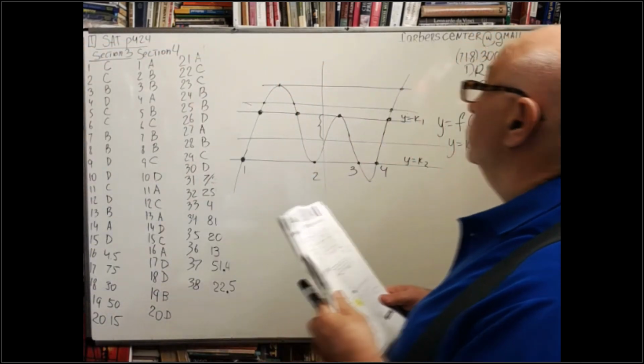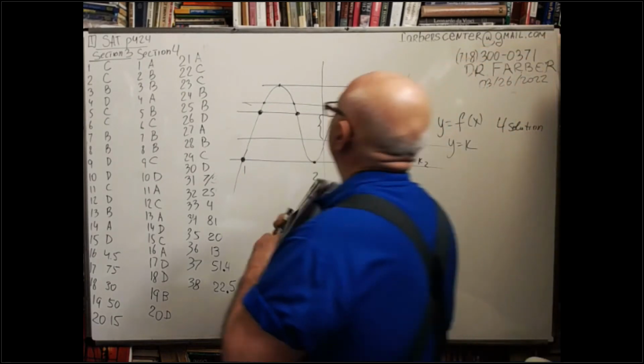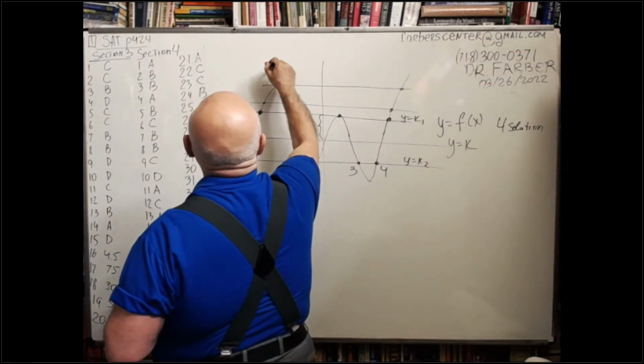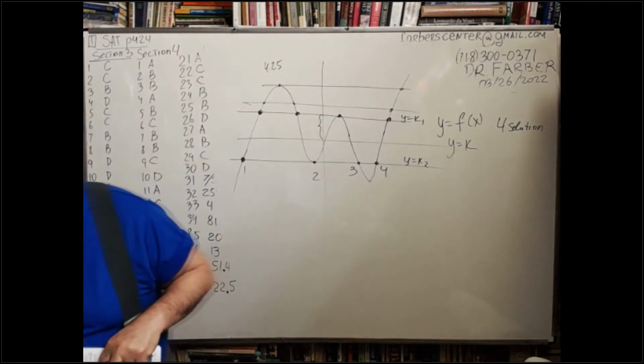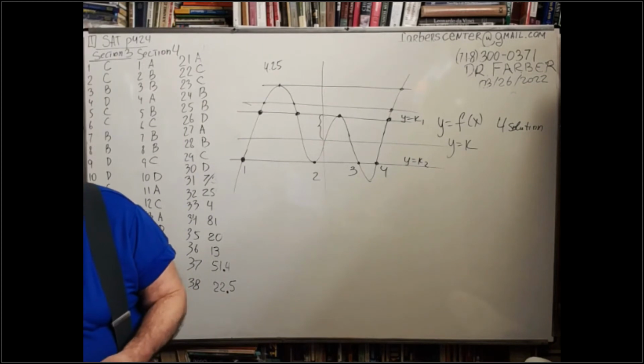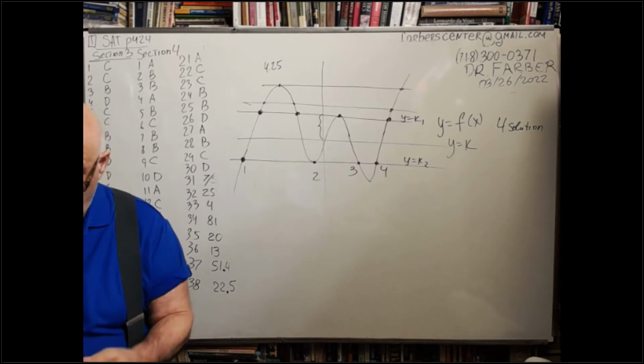Next is what it was. It was 425. Next, I go to... We have more students. 427.